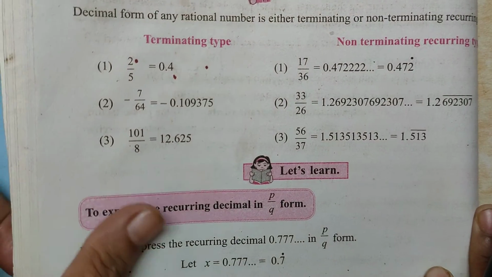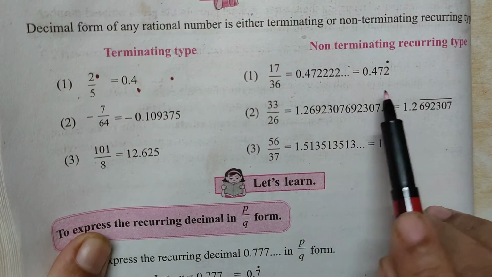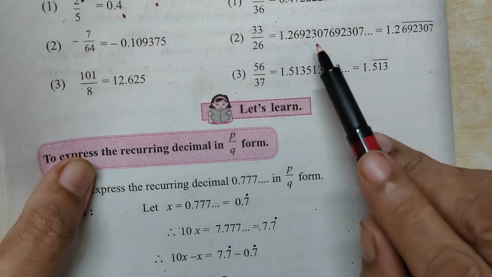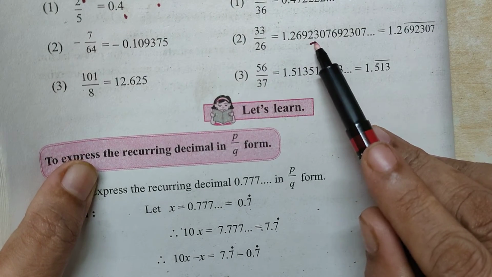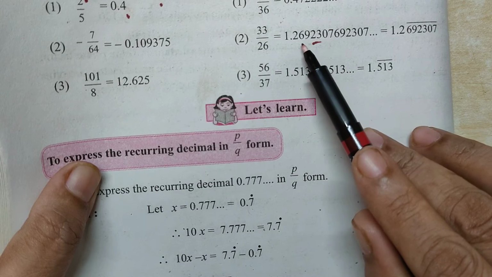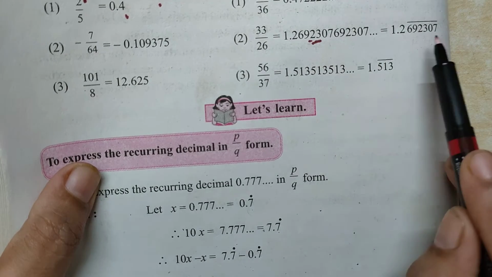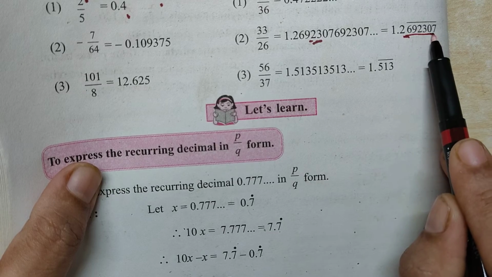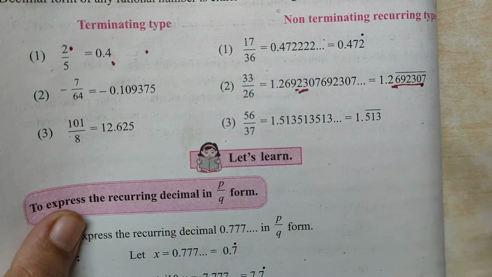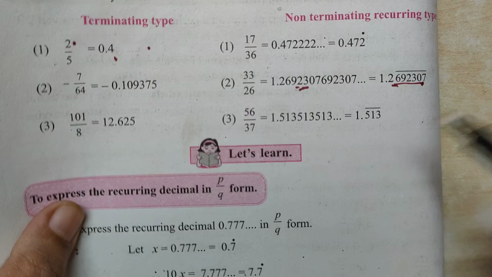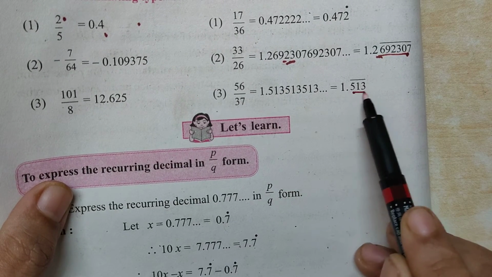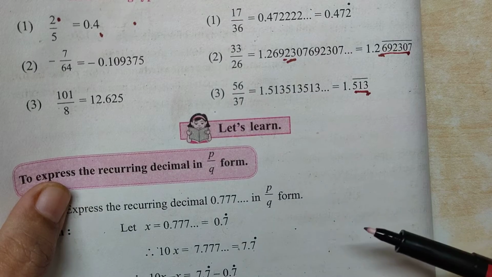Now in the non-terminating recurring type, there is 2 recurring. We can see here 2692, 6923, 692307, this number is repeated, meaning it comes again and again, meaning recurring. And in 56 by 37, the number 513 is repeating.